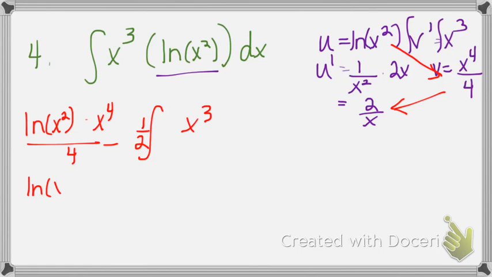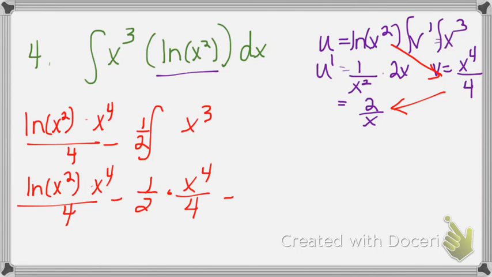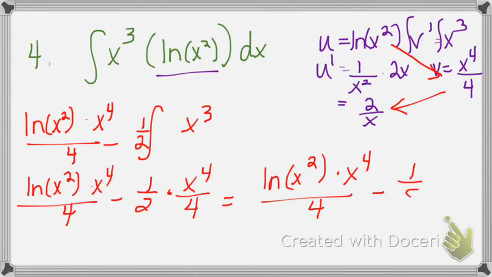So we have ln of x squared times x to the fourth over 4 minus a half times the antiderivative of x to the third, which is x to the fourth over 4. So we have ln of x squared times x to the fourth over 4 minus 1/8 x to the fourth.